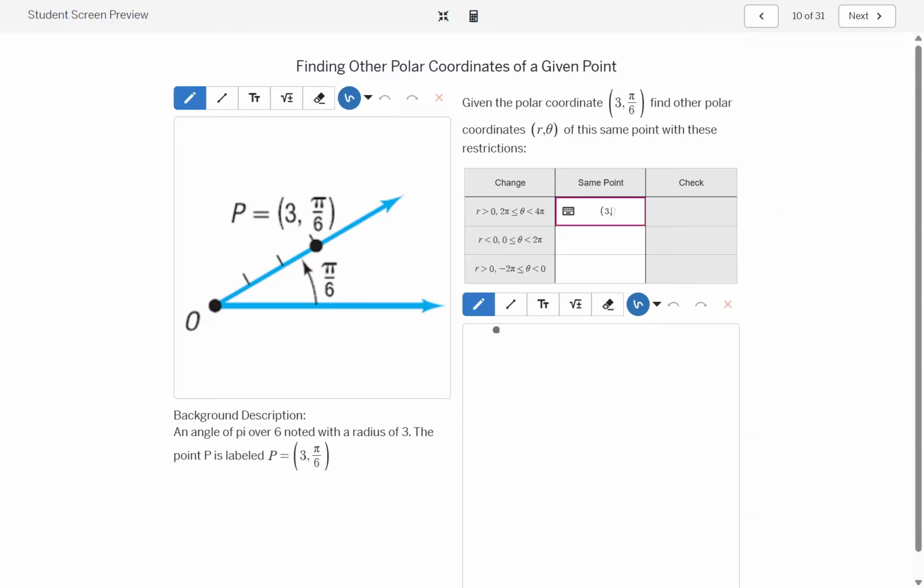So we're going to take our initial angle of pi over 6, and then we're going to add 2 pi to it. Now to get my common denominator, I multiply by 6 over 6. So this is 12 pi over 6 plus pi over 6 gives us 13 pi over 6.